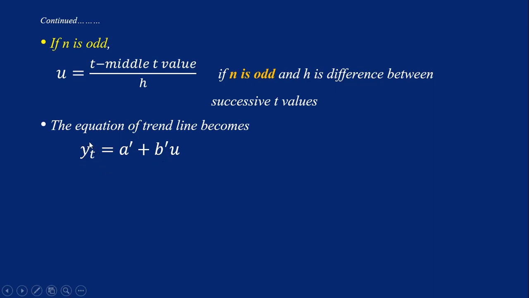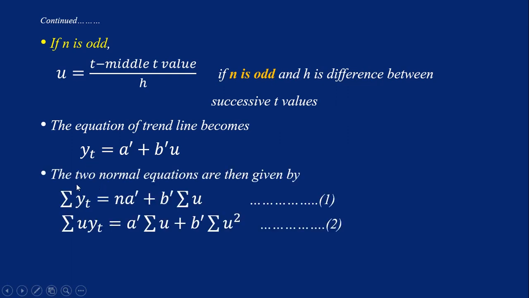Here yt, the other variable, and u is for time, and yt is the given variable, either production, sales, demand and so on. The two normal equations are given by: summation yt is equal to n a dash plus b dash into summation u, and the second equation, summation u yt is equal to a dash into summation u plus b dash into summation u square, equation number 2.